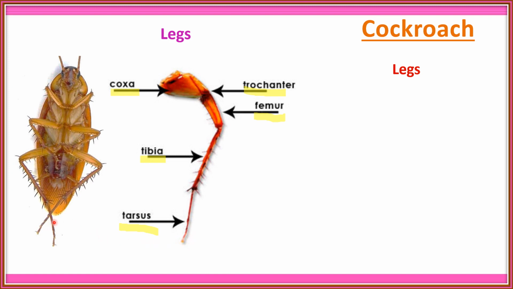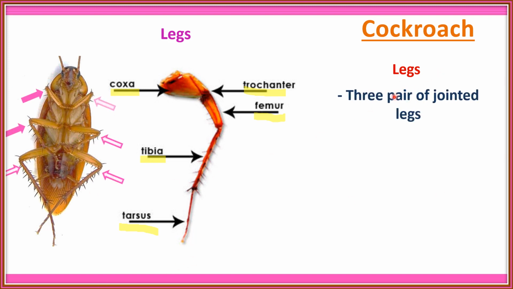Now, if you look at this leg here, these ones are the tarsus. Then here we have the tibia. Then from the tibia, here we have the femur. And then here we have the trochanter connecting to the coxa. Then the coxa is this one which connects to the metathorax.